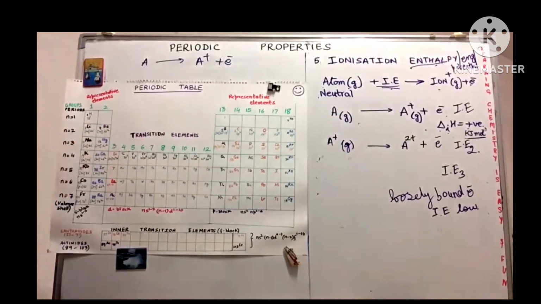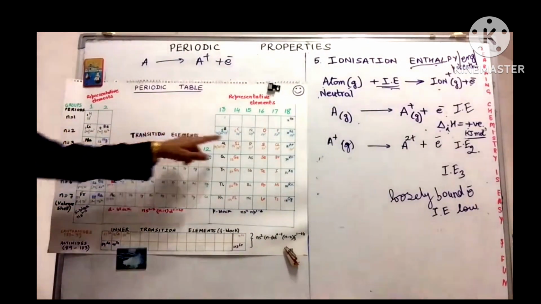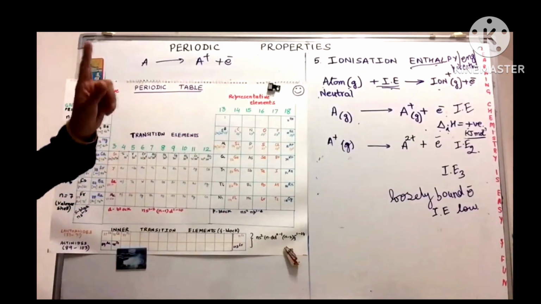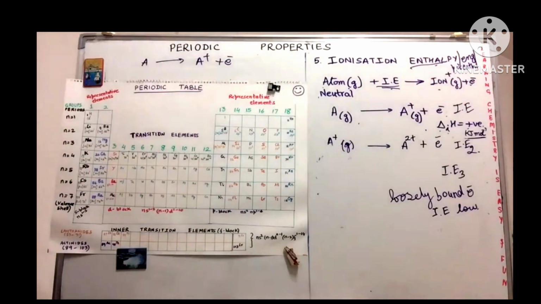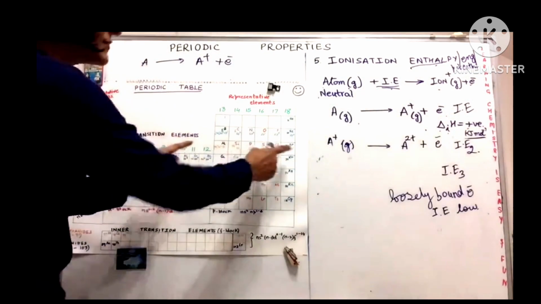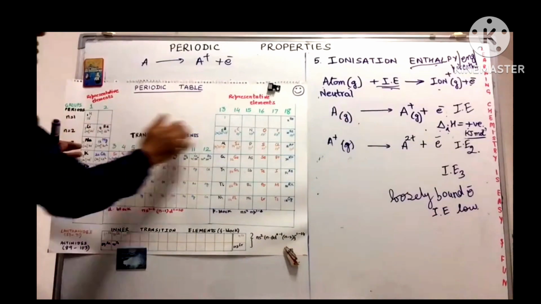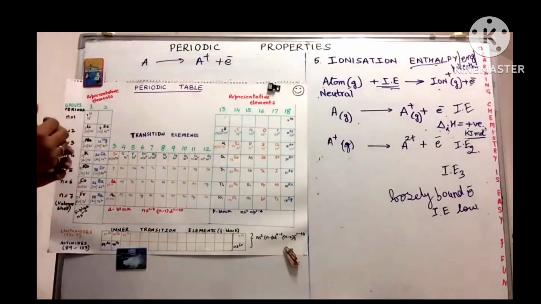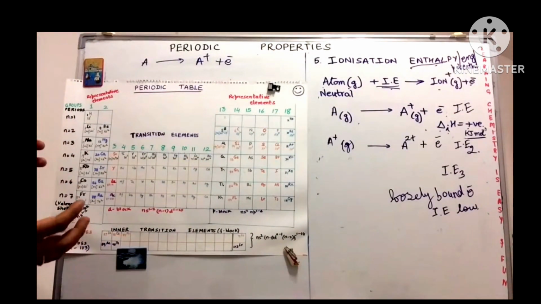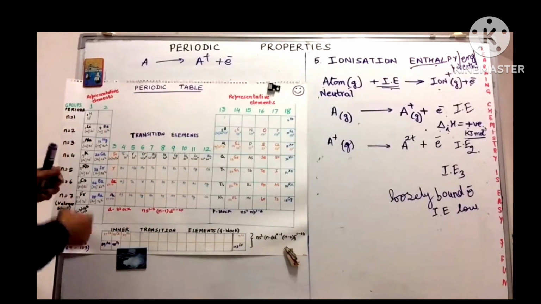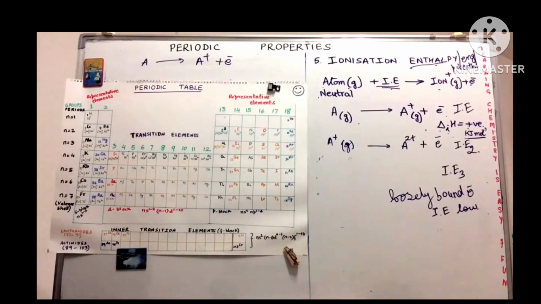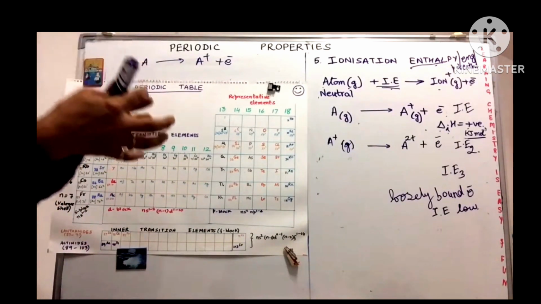Moving across a period, the valence shell remains the same. The number of valence electrons increases. The nuclear charge increases. What is happening to the size of the atom? Think before answering. Yes, it is becoming smaller. When it is becoming smaller, will it be easier or difficult for you to remove the electron? It's smaller. Smaller means more compact.